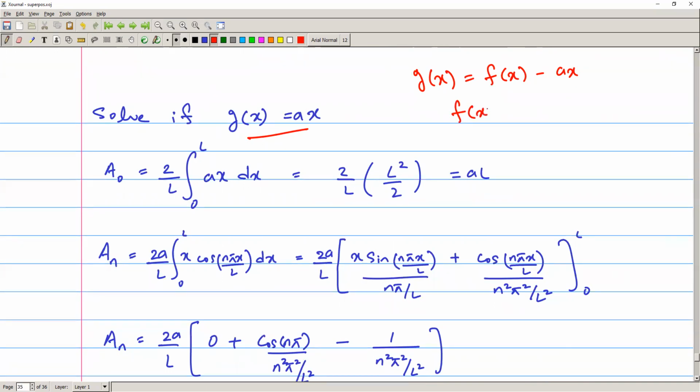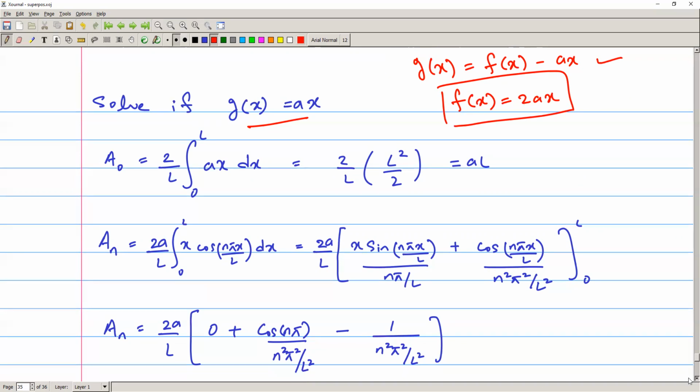It means that we are assuming that f of x is equal to 2Ax, right? So whatever is given, you can find g of x. If g of x is given, it's fine as well. But if f of x is given in the problem, you can find g of x, right? By this that we found initially, right?